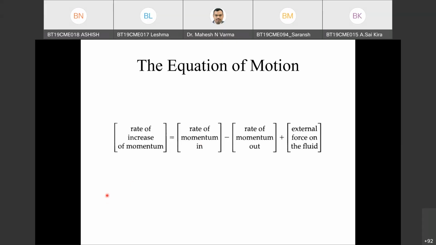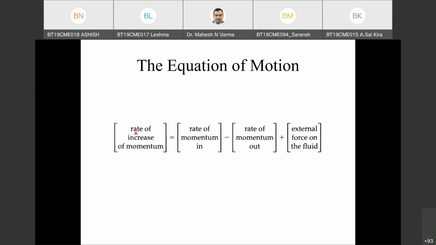And how to get this rate of increase in momentum? So first of all, how to get momentum? Rate of increase in momentum. If I have x velocity vx, what will be the momentum? mv.